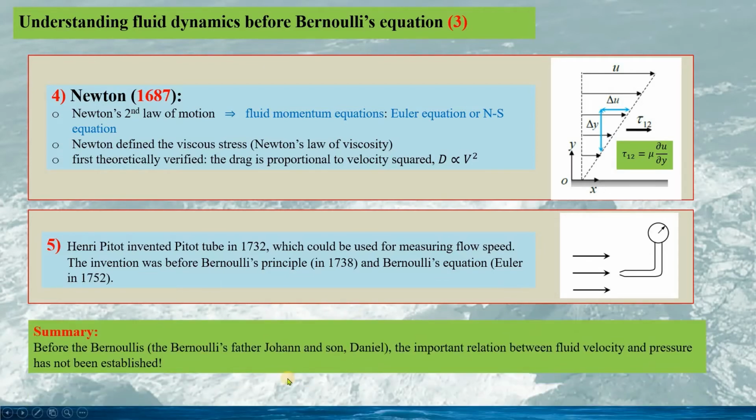So we can see, before the Bernoullis, the father, Johann, and the son, Daniel, the important relation between fluid velocity and the pressure had not been established. But this relation is the fundamental relation for fluid dynamics.